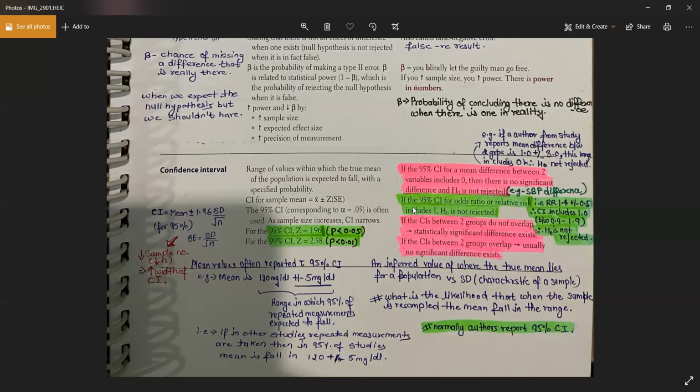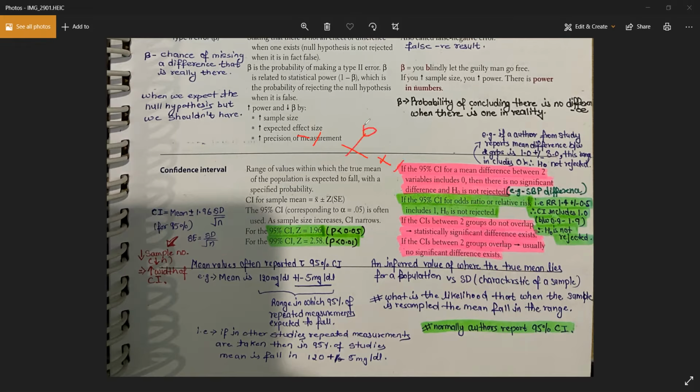Okay, so Step 1 will give you two values, two studies, and they will ask you whether the study is true or not. So you need to know that if the 95% confidence interval for a mean difference of two studies or two variables anywhere includes a zero, let us suppose you got a confidence interval range of, let's say, -1 to +1, as you can see, this range is crossing the zero.